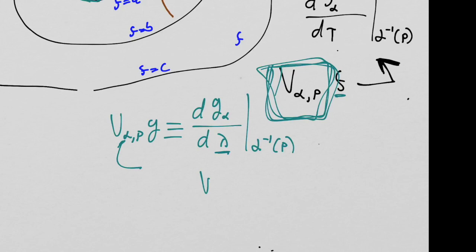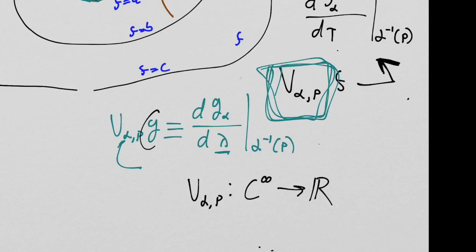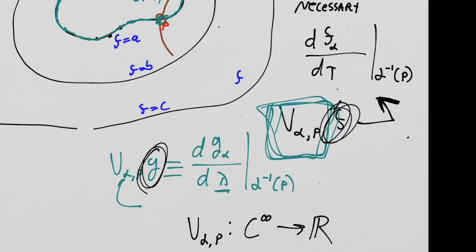V alpha P is a map from C infinity to the real numbers, right? You put in a function, and you evaluate this expression. That expression is a number, right?